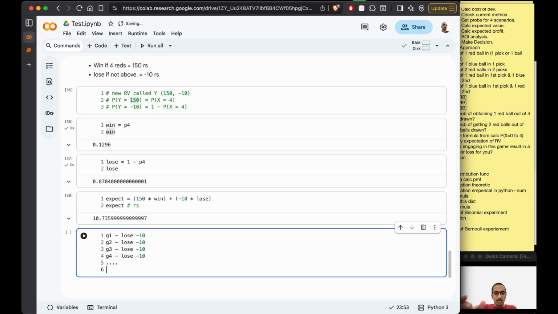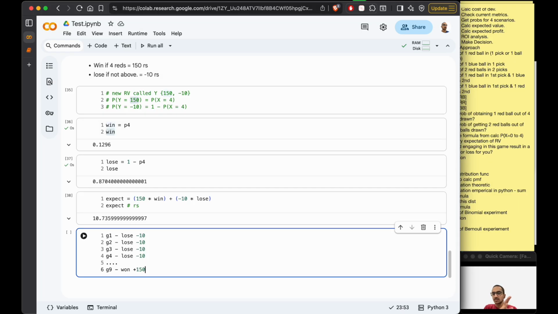But say in game 9 I won and I made plus 150. So this one game will cover lots of my losses. So that is how on average I will overall win, or rather it is overall profitable to play this game, provided we play this for a long period of time.